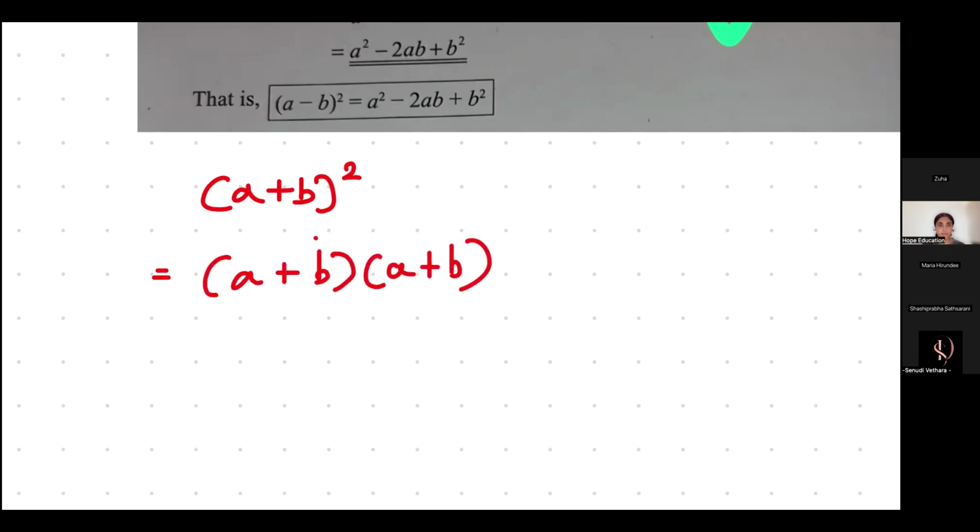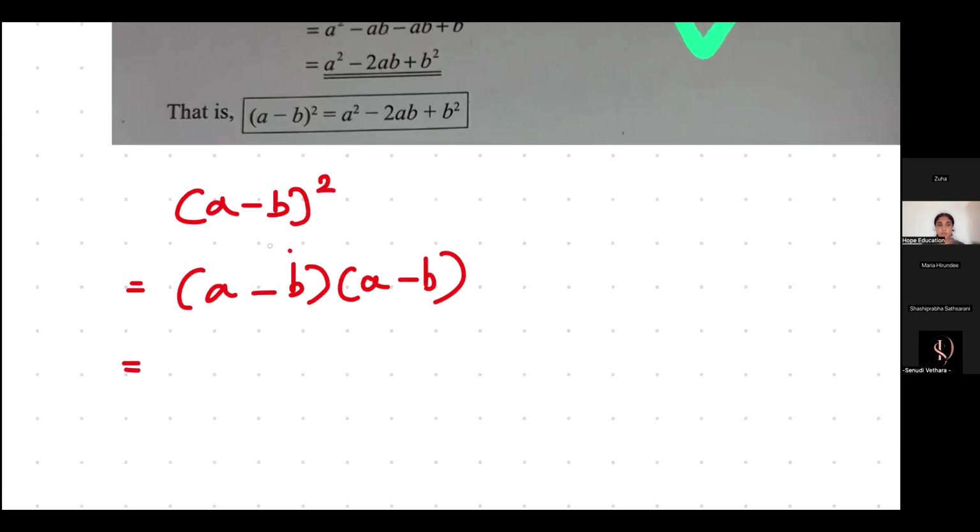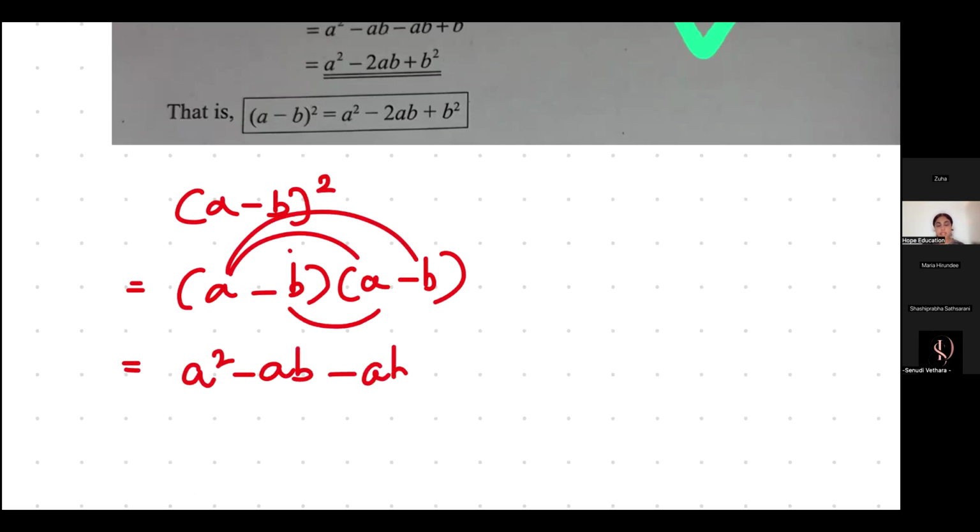So you can expand this directly: a times a is a squared, a times minus b is minus ab, b times a is minus ab, and minus b times minus b is plus b squared. Therefore, a squared minus 2ab plus b squared.